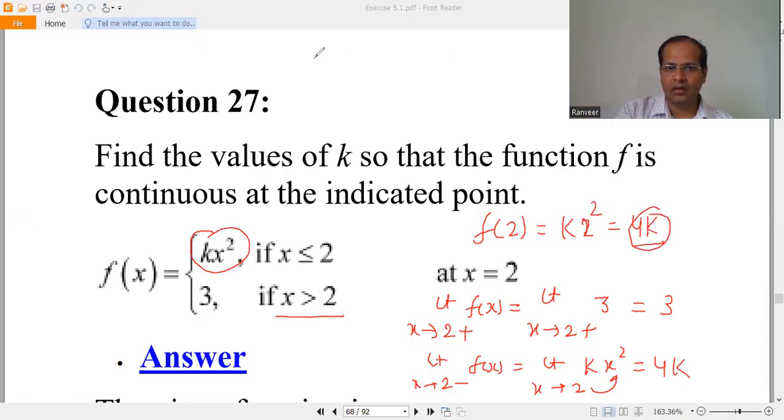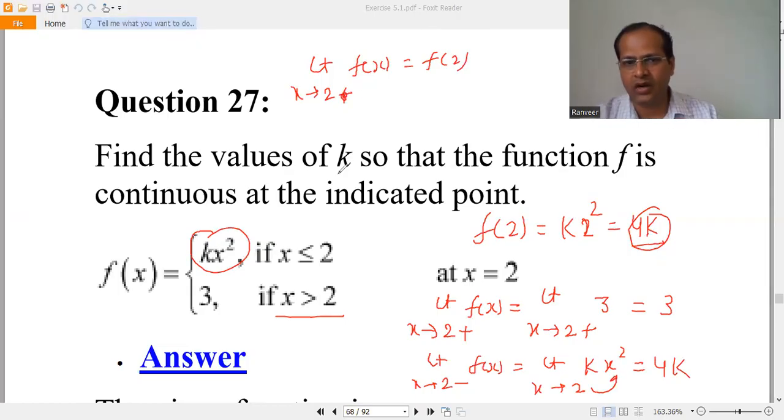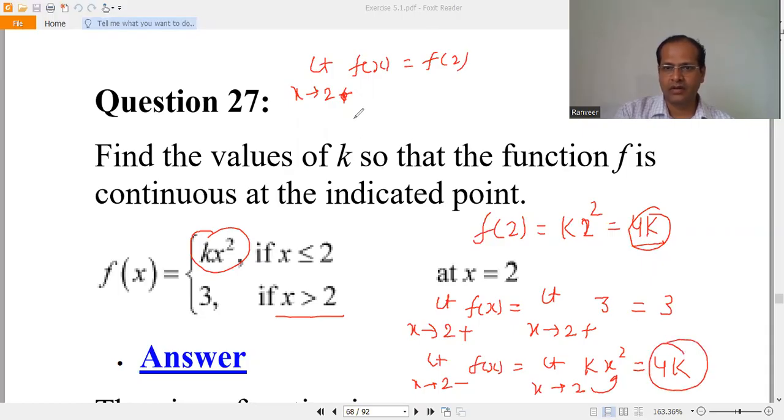Now we know this is continuous, so we can write the limit at 2 plus equal to f of 2 directly. The 2 minus is not required because it is already continuous. So this is nothing but 4k, and the value at 2 plus is 3.